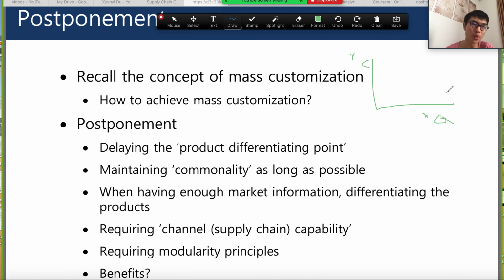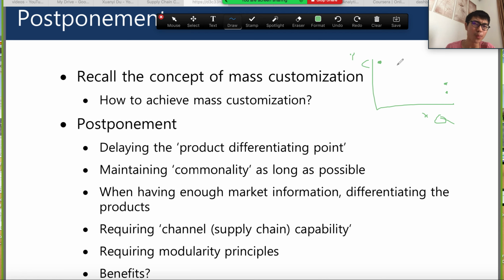We have a lot of products at this point right here, this circle, because we have, for example, Coca-Cola, Uniqlo, Adidas, Nike, producing a lot of identical products. Although they may be customized to your characteristics, they are not very customized, since they are not designed for a specific person; they are open to the whole market. So I would say Nike and Adidas are at some point here. There's certain customization because they come out with different models. And we also have certain brands like tailor-made shoes, for example Gucci.